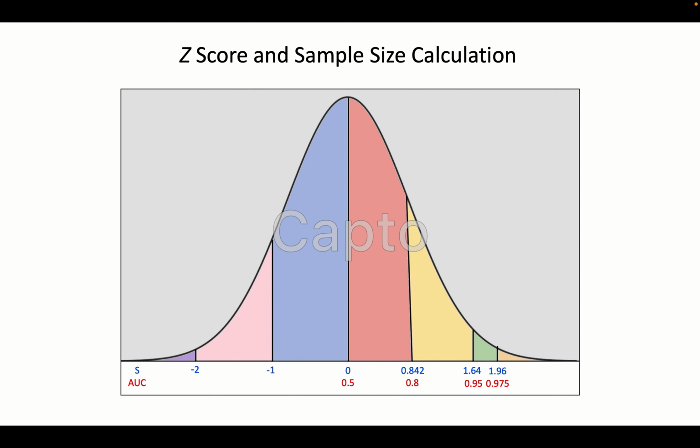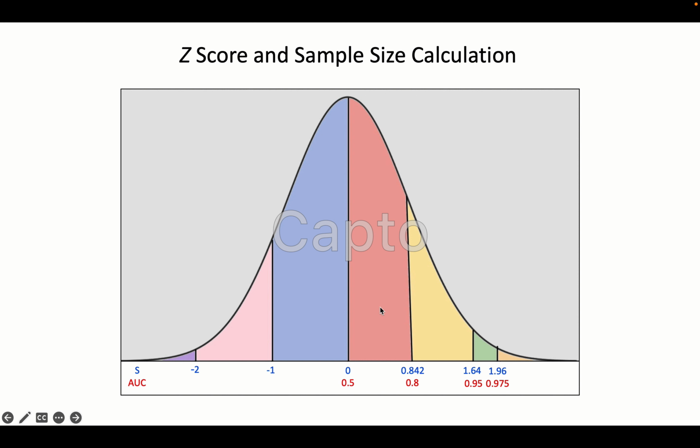I already introduced you to the concept of Z-score, which I believe is very important in the context of sample size calculation. Basically, what you are doing with the Z-score is calculating the area under the curve for the normal distribution. Imagine that this is the standardized normal distribution, where we have a mean of 0 and standard deviation of 1, and this is exactly what I'm representing here.